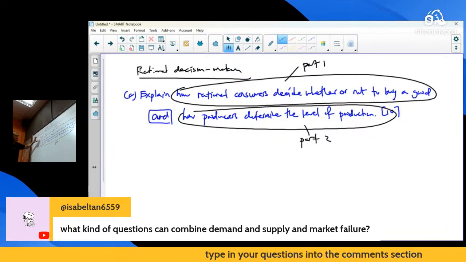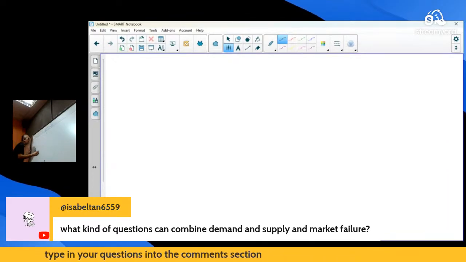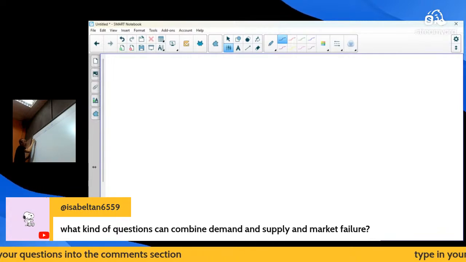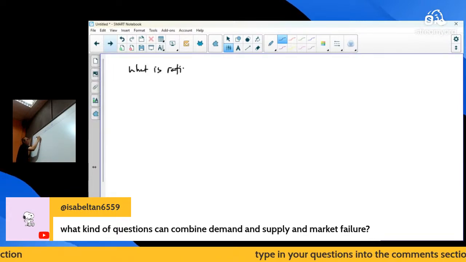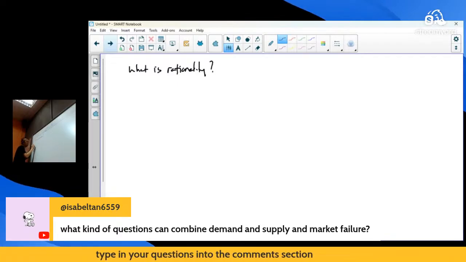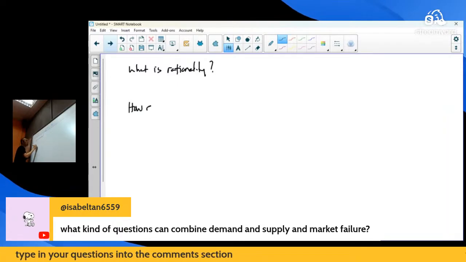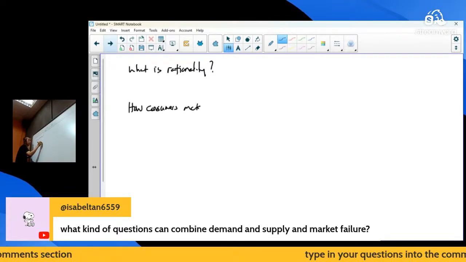So part one, how rational consumers decide to buy a good. To answer this question, you first have to begin with the concept of what is rationality. Then after that, you have to answer the question of how consumers make decisions.